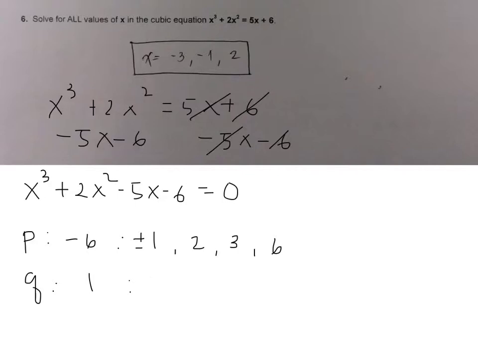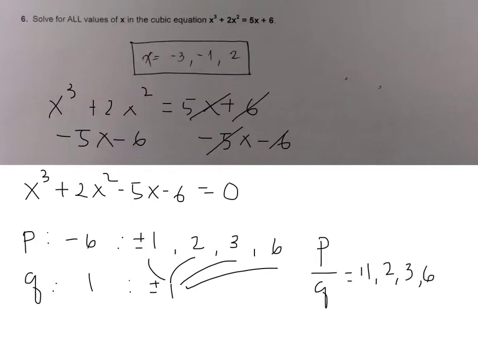For 1, it is just plus and minus 1. So that means p over q will be 1 divided by 1, 2 divided by 1, 3 divided by 1, 6 divided by 1, and also with the negative numbers. So you have 1, 2, 3, and 6, positive and negative.